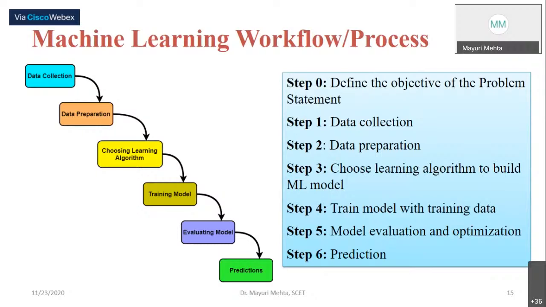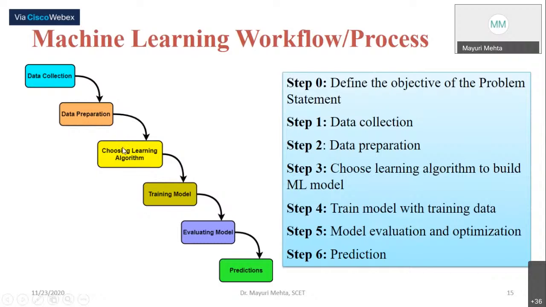The output will be yes or no. So in this case, we can consider this as a simple classification problem, and we can use logistic regression. So you need to analyze your problem, decide the objective, and accordingly choose an appropriate learning model.